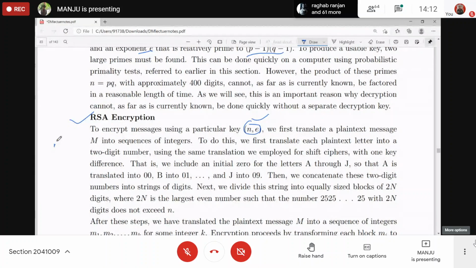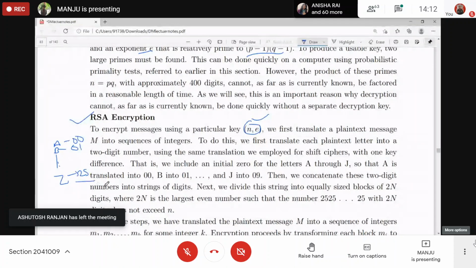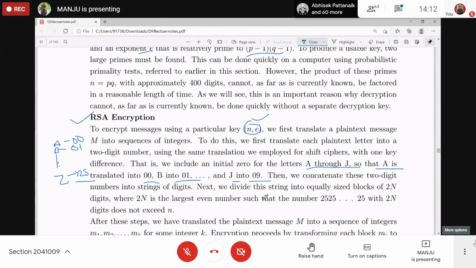We translate the alphabets A to Z into integers: A takes 00, B takes 01, and so on, up to J which is 09, and Z takes 25.